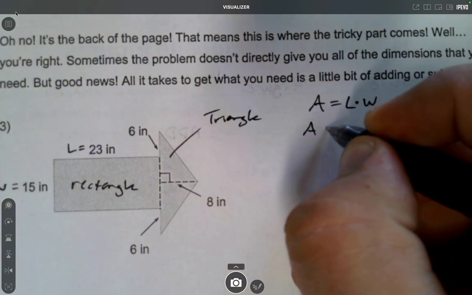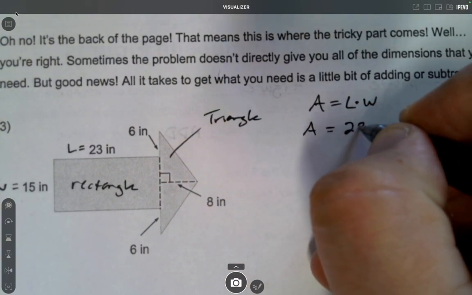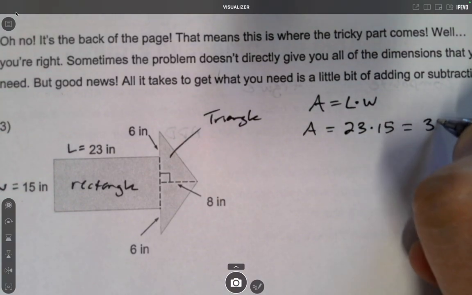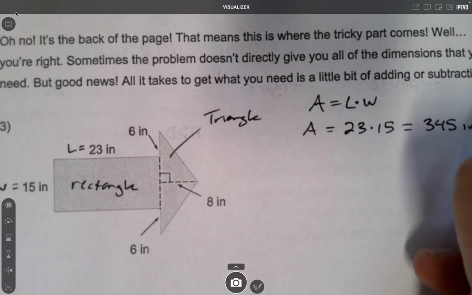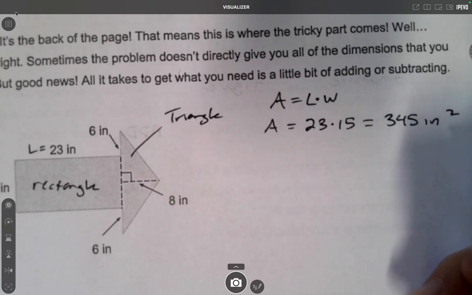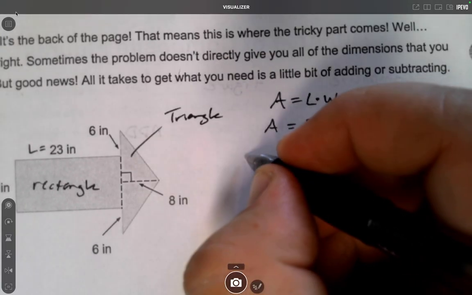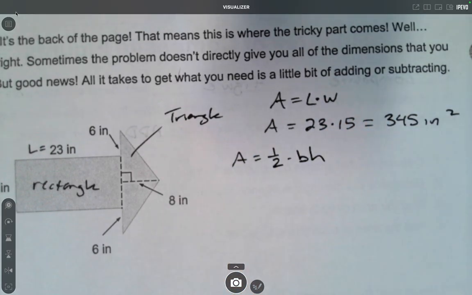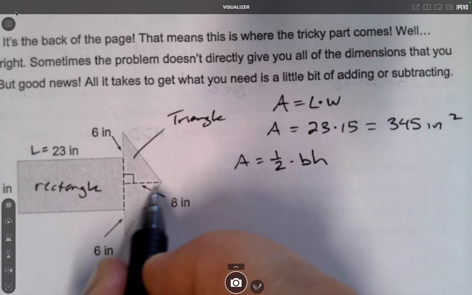So for the rectangle, we do 23 times 15, which is 345 square inches. Then for the triangle, the formula is half times base times height. So here's where the trouble is. The height we have right there, that's easy.